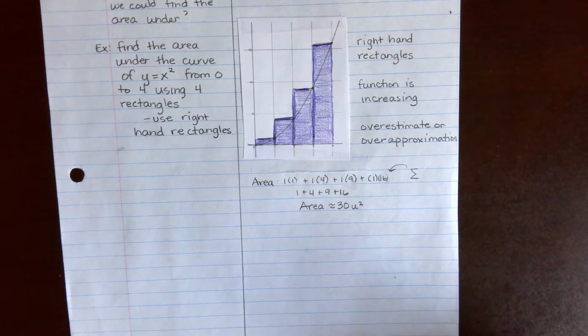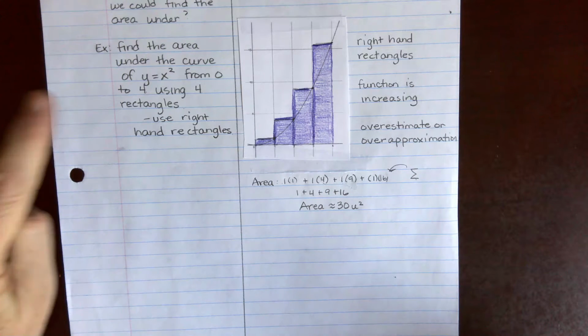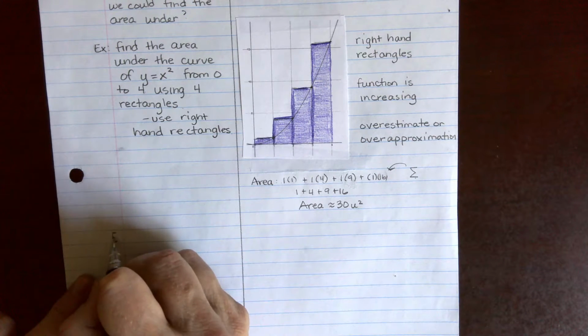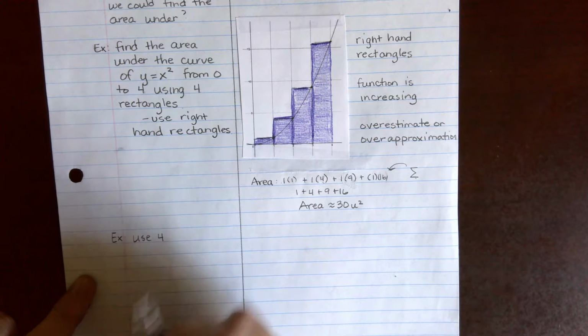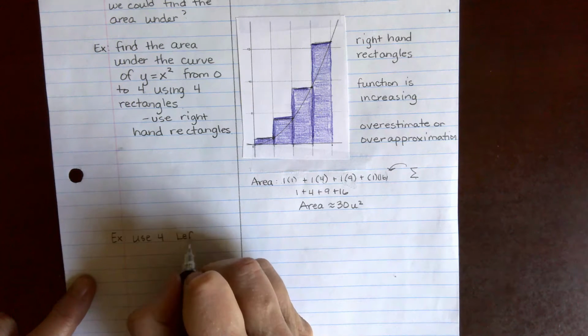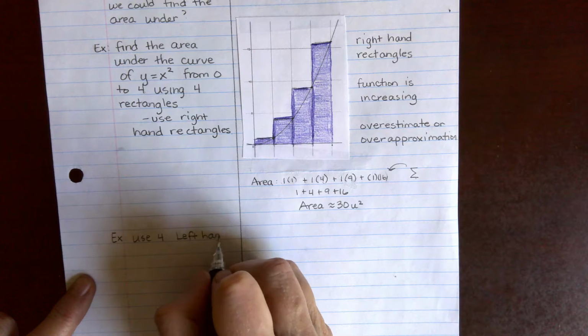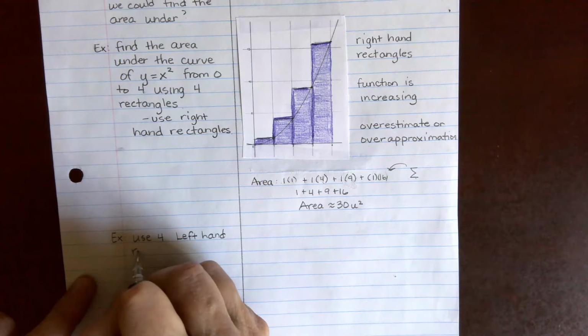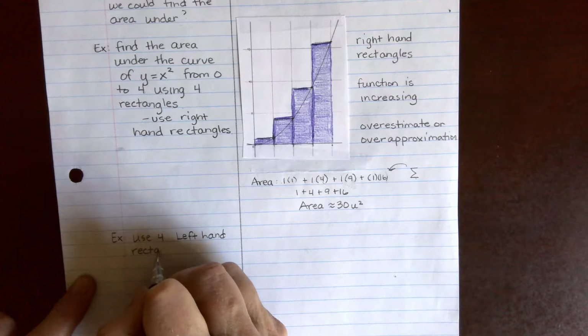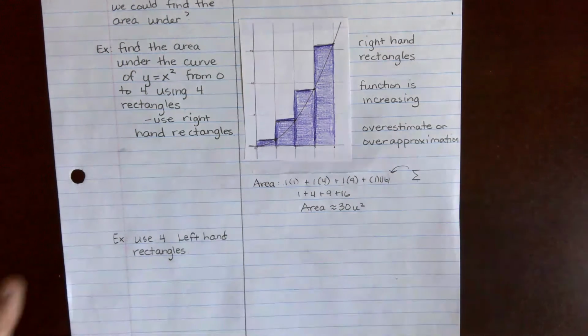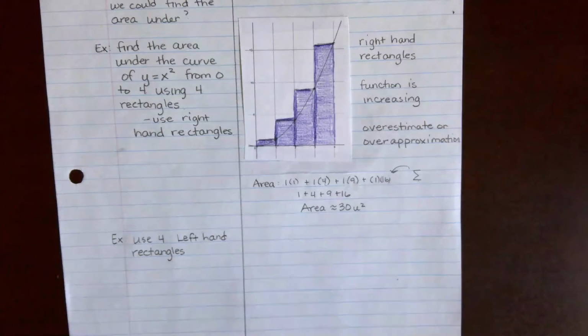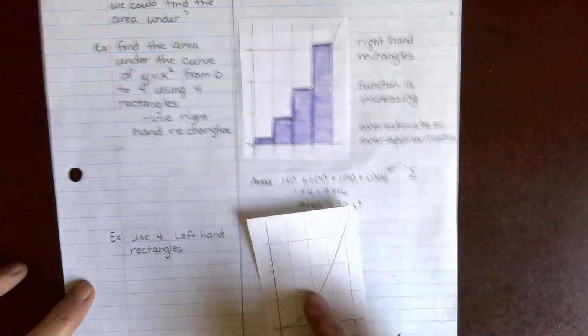Well then, let's do the same thing, but this time use 4 left-hand rectangles. You're going to get out the same thing here.